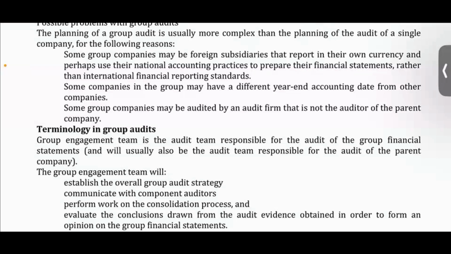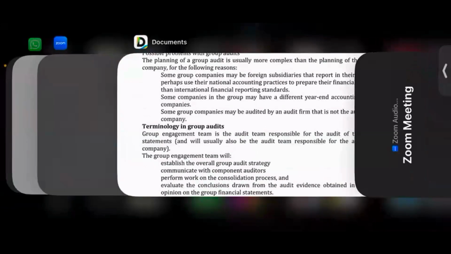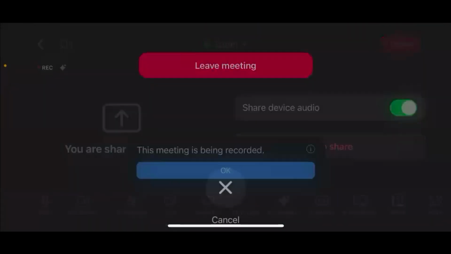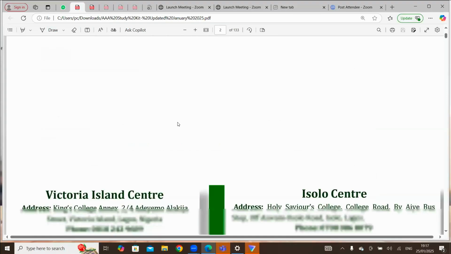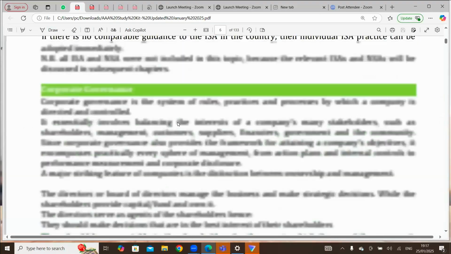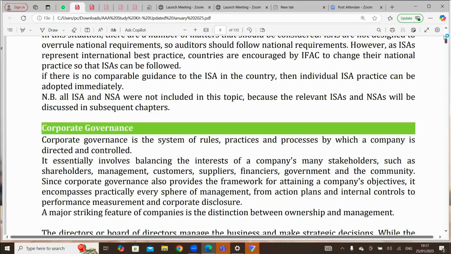So companies may have different individual auditors, and because of that, it may be harder trying to align on how we will work, and all of that.